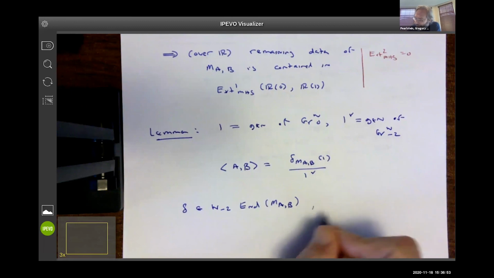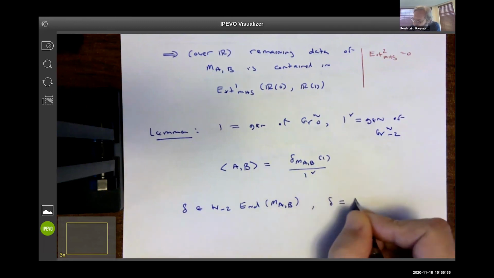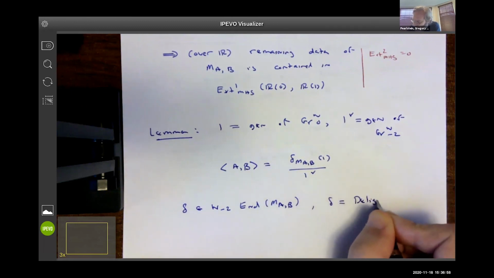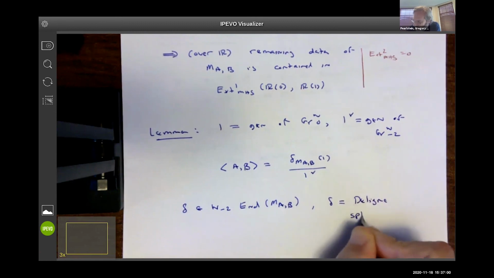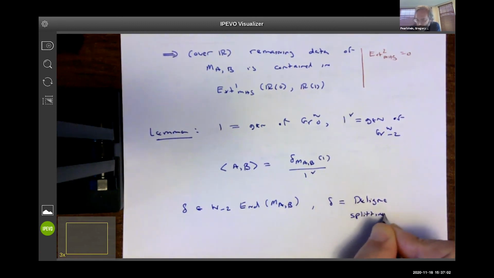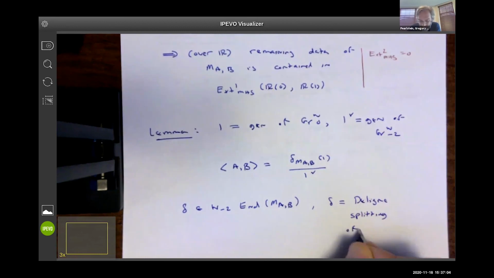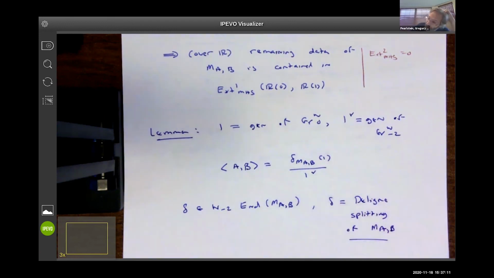And this delta is this Deligne splitting of M_AB, and I'll say more about that later, but for now, that's all I'm going to say about it.